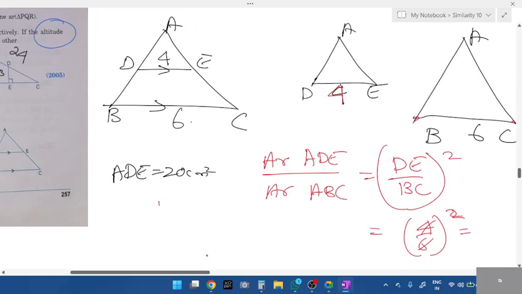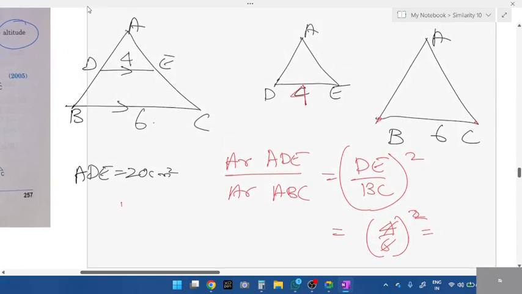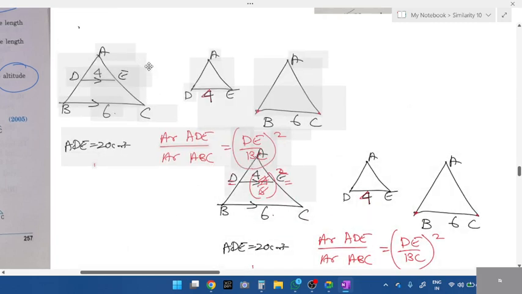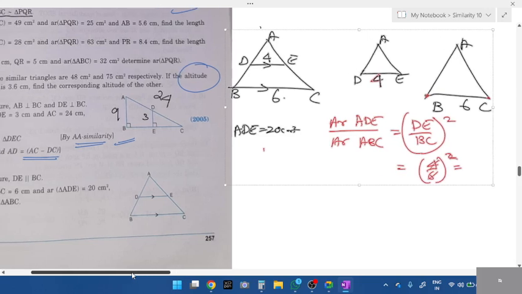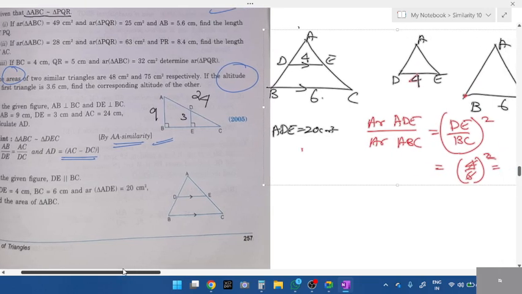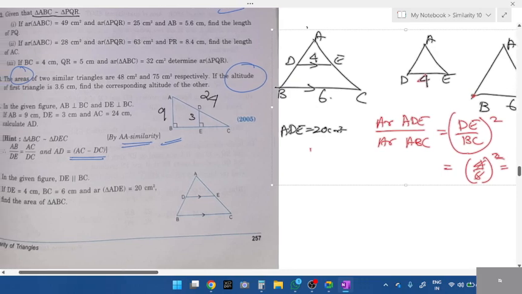Let me minimize if you're getting confused. I'll minimize, students. Read the question once. Are both the areas asked, or only one area value, and one more area is given, right? Therefore you can use this. If not, they'll ask ratio.